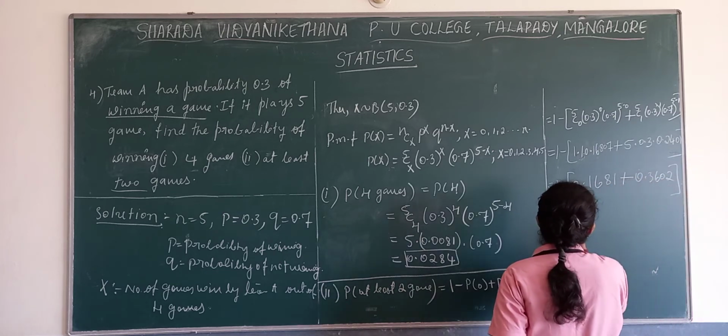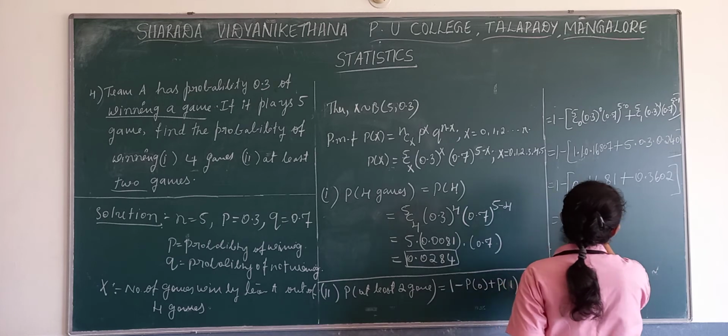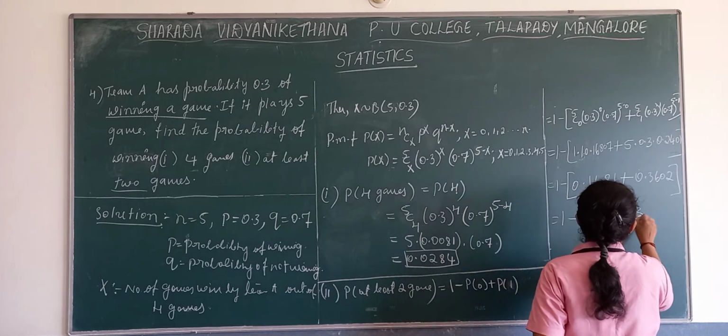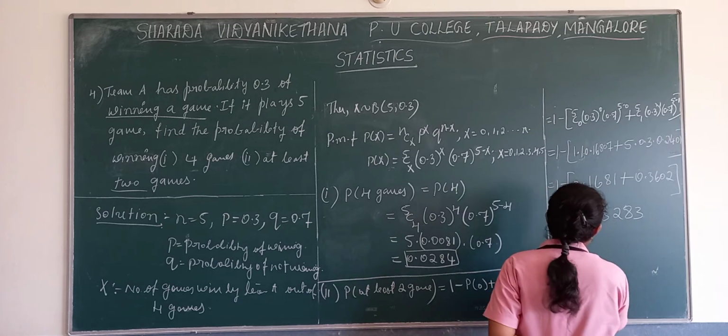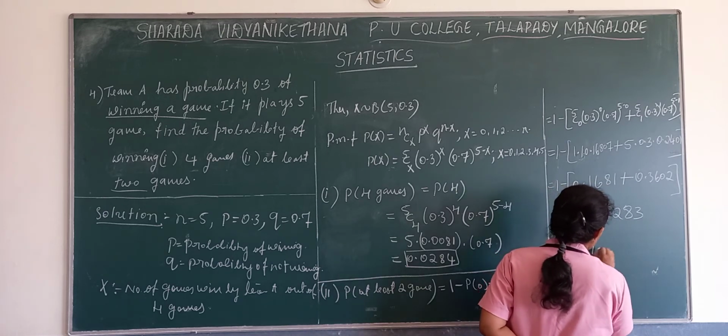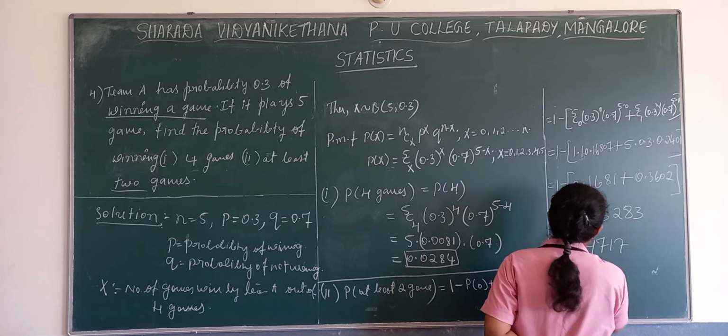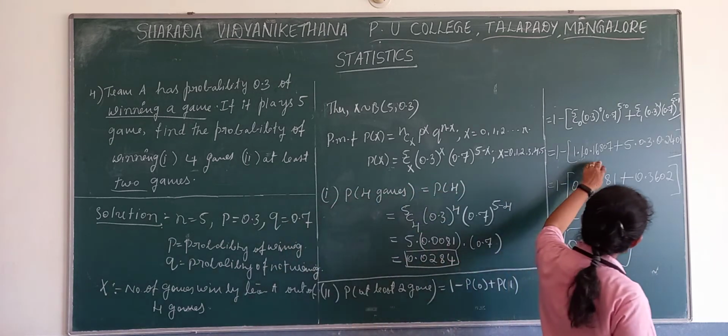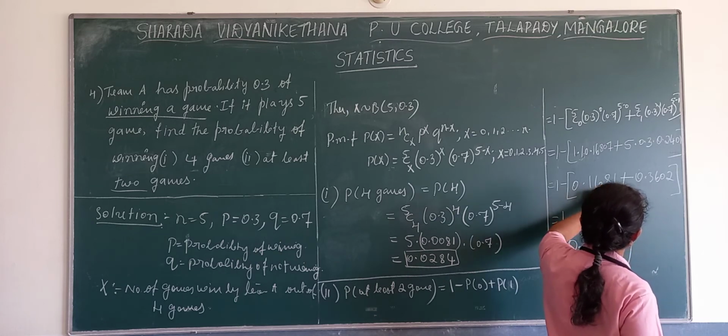Now 1 minus, add these two values, when we add 0.5283, now at last we get 0.4717.